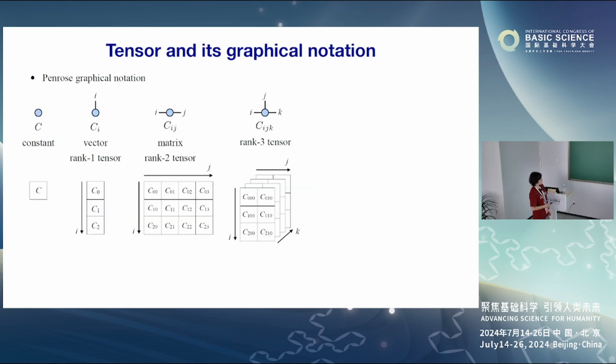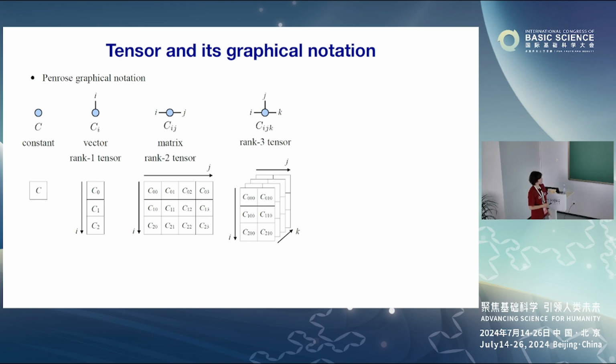So actually, the LPDO is a tensor representation of a mixed state. Let's first see what a tensor is. We can use this Penrose graphical notation to express the tensor. If you have a constant, we can draw a circle without any outer legs. If we have a vector, it has one index, so we draw a picture like this with one open leg.